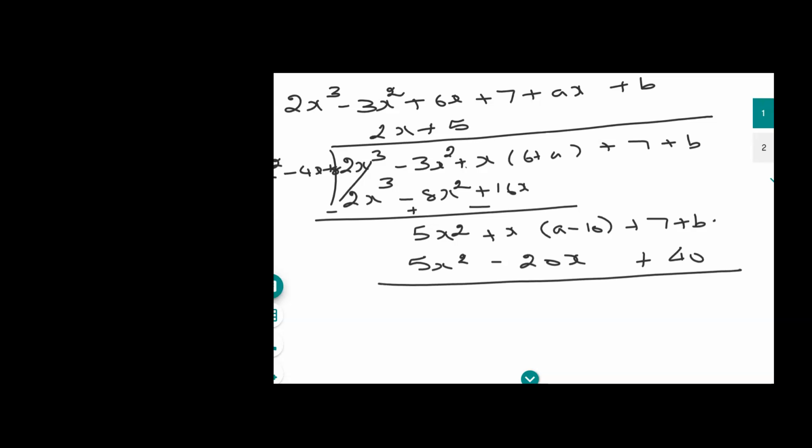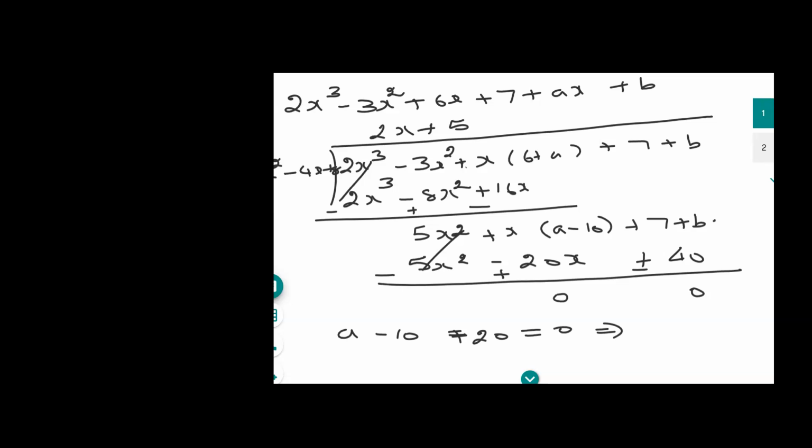Now change the symbols. So to get a 0, we need to get a 0 here and a 0 here. That means a minus 10 plus 20 should be equal to 0.